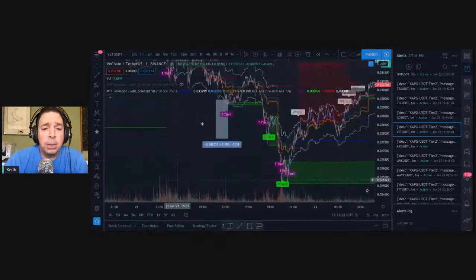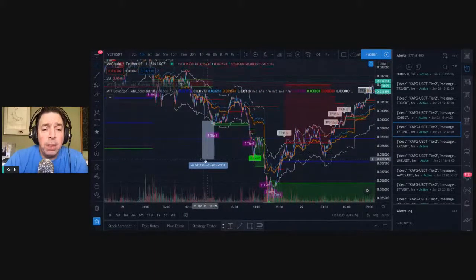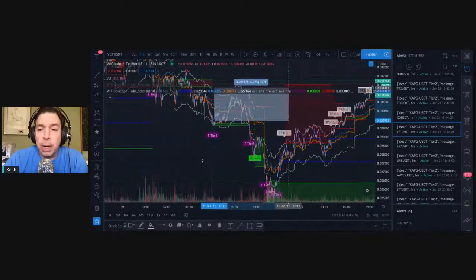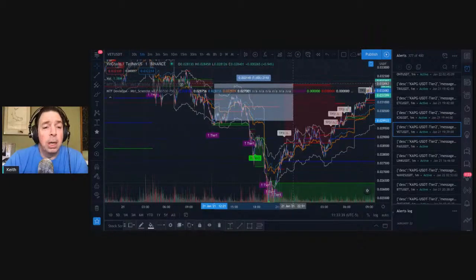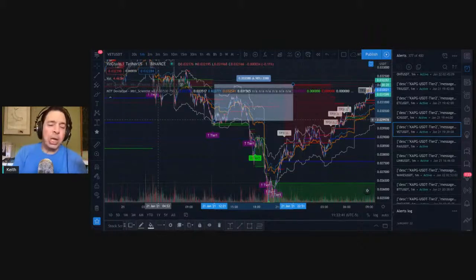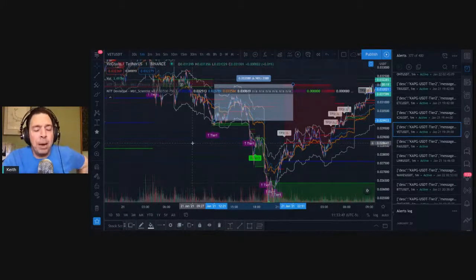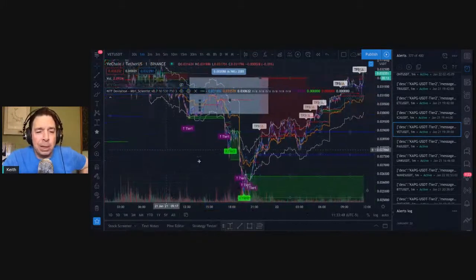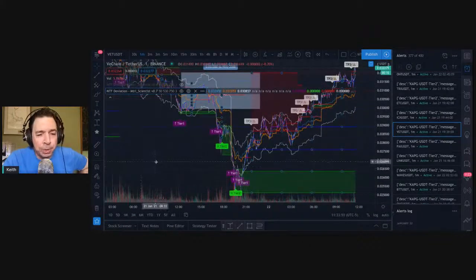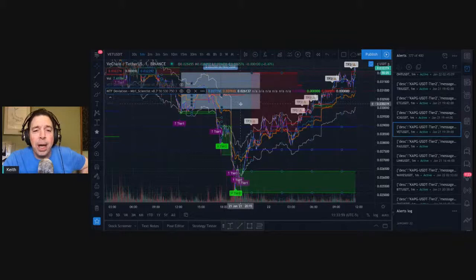Even the not so great signal did 7% right there. So they're not all winners. With 92% of them hitting that profit level, that means that 8% of them aren't. So you have to keep that in mind. But if you're winning more than you're losing, that's the name of the game here.